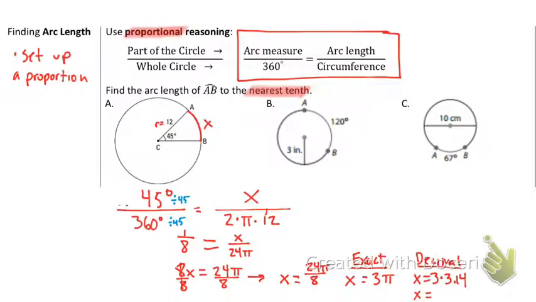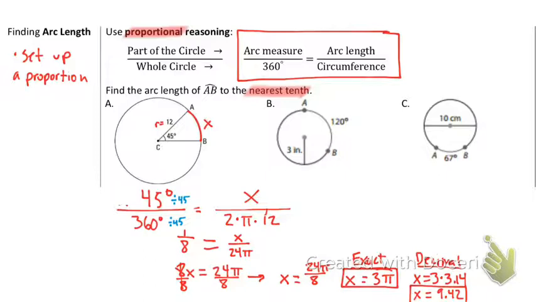All right, and if you do this correctly, you get 9.42, and this is my arc length in decimal form. So here's exact form if you're asked for exact form, and here is decimal form. All right, that's how you do example A.